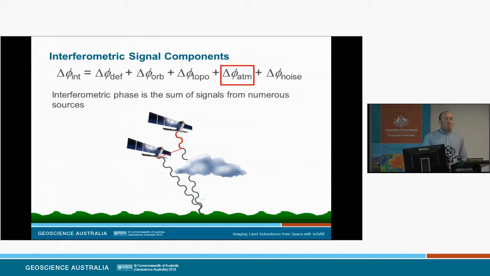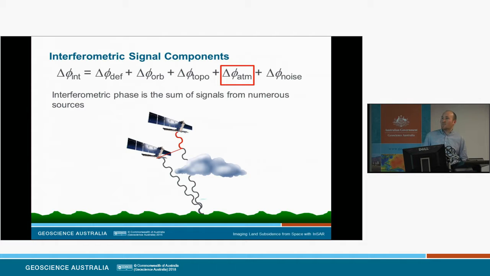A third component comes from atmospheric changes between the two times of the images, and what last week in Canberra was very good weather, today has turned to be very cold again. So we all know that the atmosphere is quite dynamic. And over the course of the revisit of these satellites, which is at least a week or maybe up to a month, you're never going to have the same atmospheric conditions between the two image times. So the radar signal itself is attenuated by water vapour that may be present in the atmosphere.